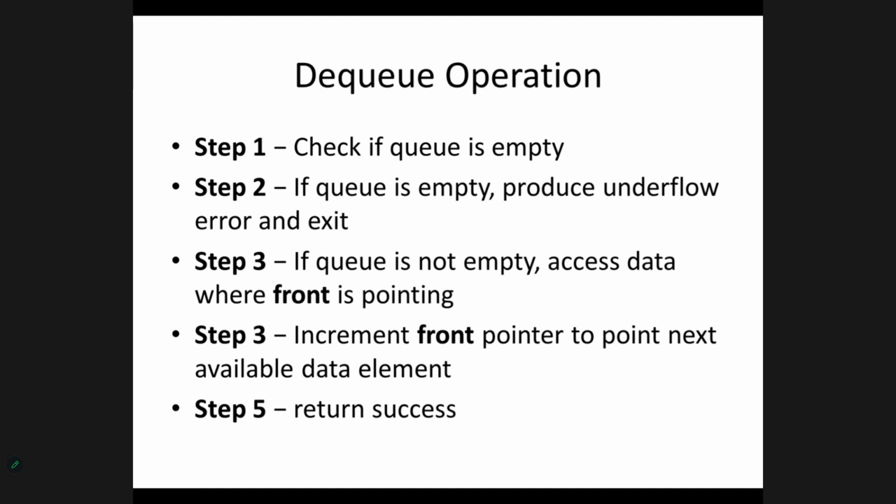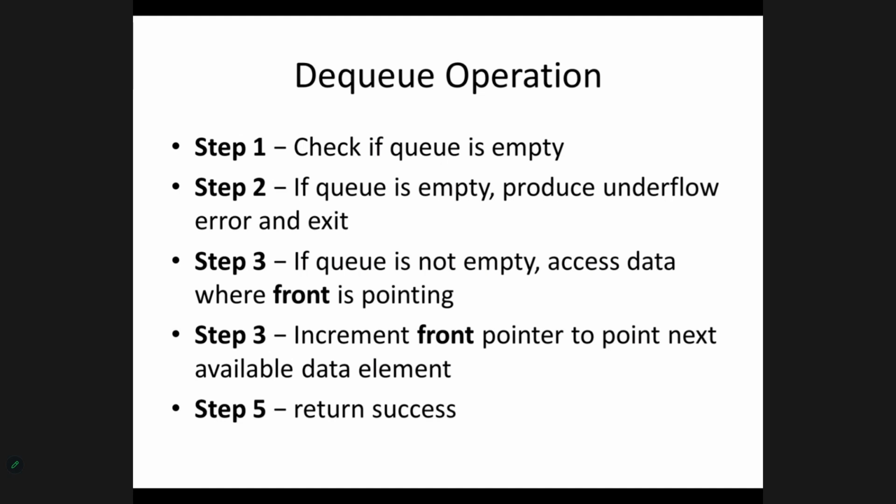Okay, so very simple. It's almost similar to NQ, but doing the opposite side. Previously with NQ, we inserted a data element to a queue. With DQ, we are going to remove. The algorithm looks the same. Check if the queue is empty.